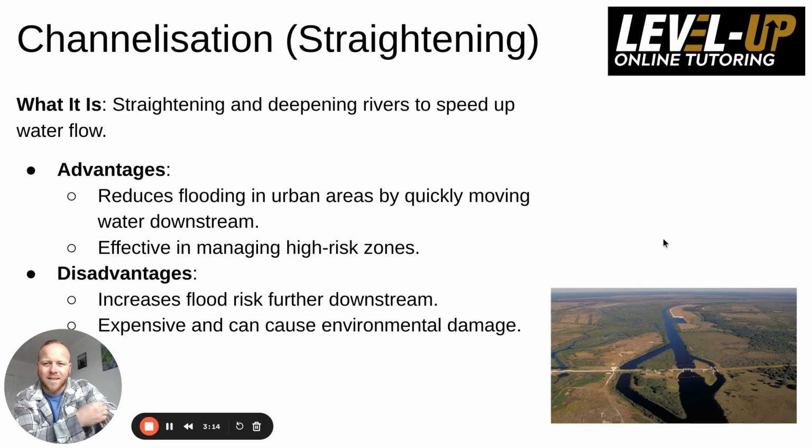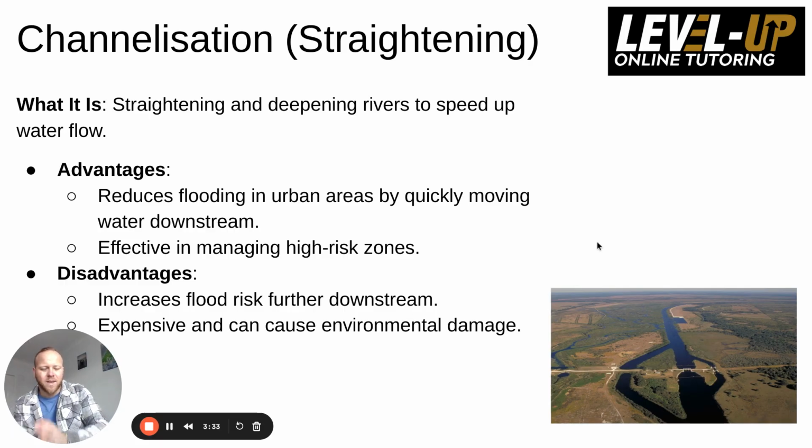Another hard engineering technique is this idea of channelization or channel straightening. Now, that means that we can kind of divert the flow of the water. So if there's an urban area nearby, we can straighten the channel, which means it can go through a lot quicker. So it's really effective at protecting kind of high-risk zones.